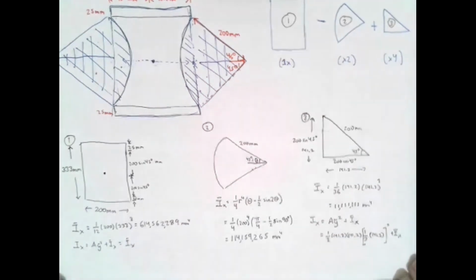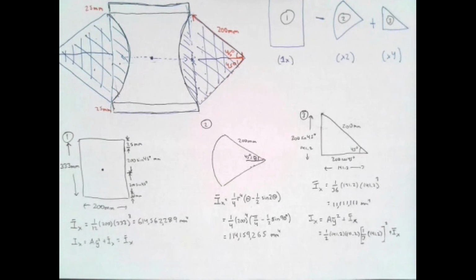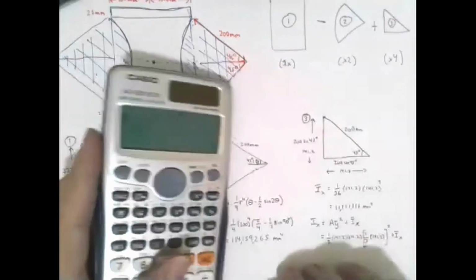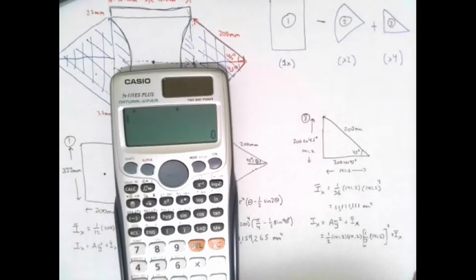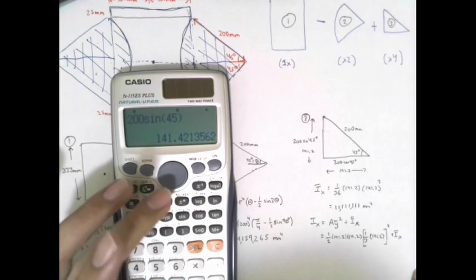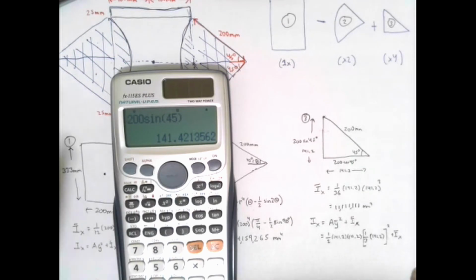And to this, we're going to add our centroidal moment of inertia. I'm running out of paper space here, and since we're almost done, I don't want to use a new sheet of paper. So I'm just going to plug all these values into my calculator. I'll do the whole thing without rounding. What was the y bar again for that?